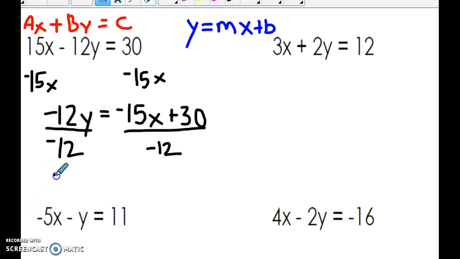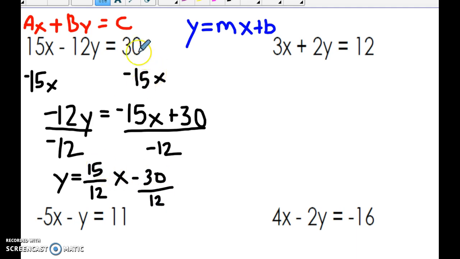So that's going to leave you with y equals, and I have negative 15 divided by negative 12, so that can just be 15 over 12 x. And I have 30 divided by negative 12, so that can be minus 30 over 12 x. But there are some common factors here, so I can simplify this. I can divide by 3. 15 divided by 3 is 5, and 12 divided by 3 is 4.